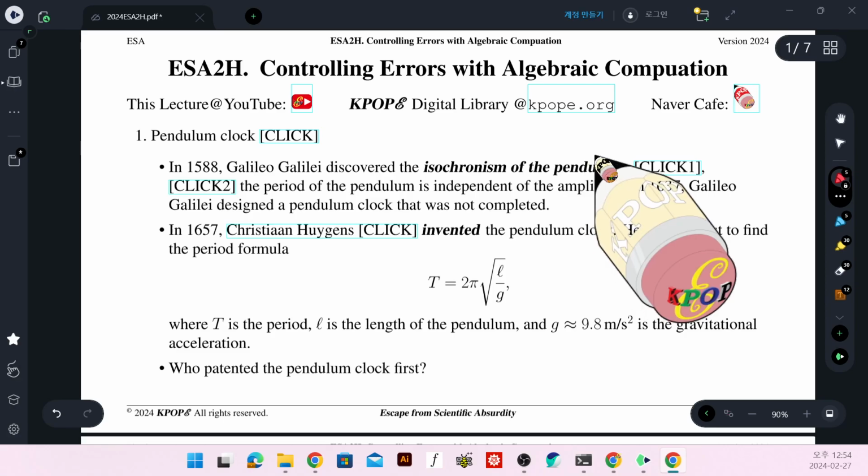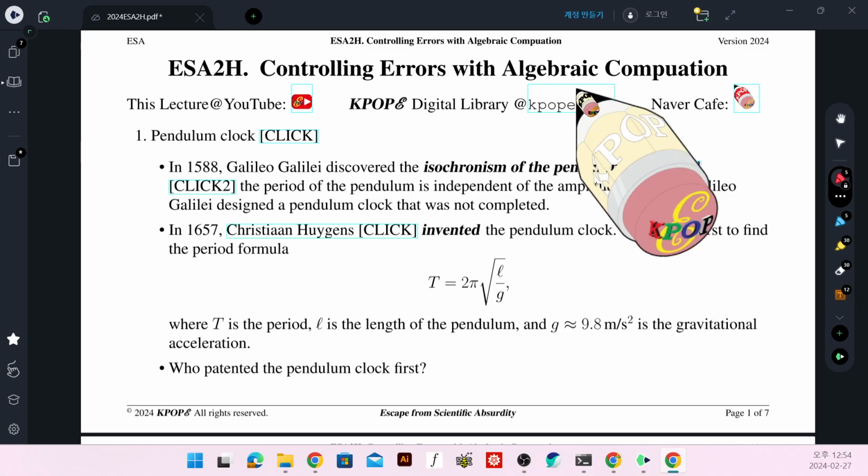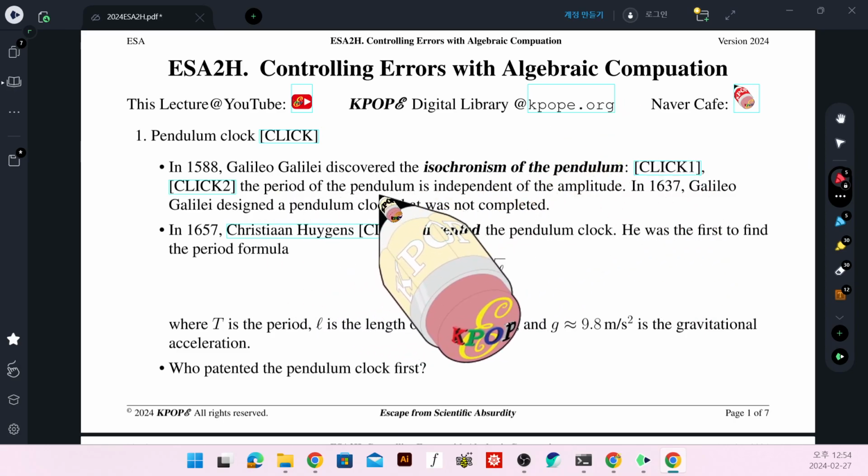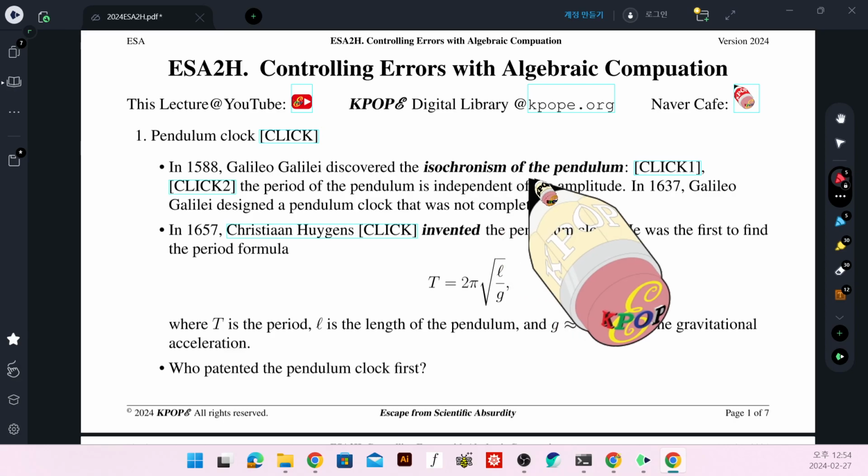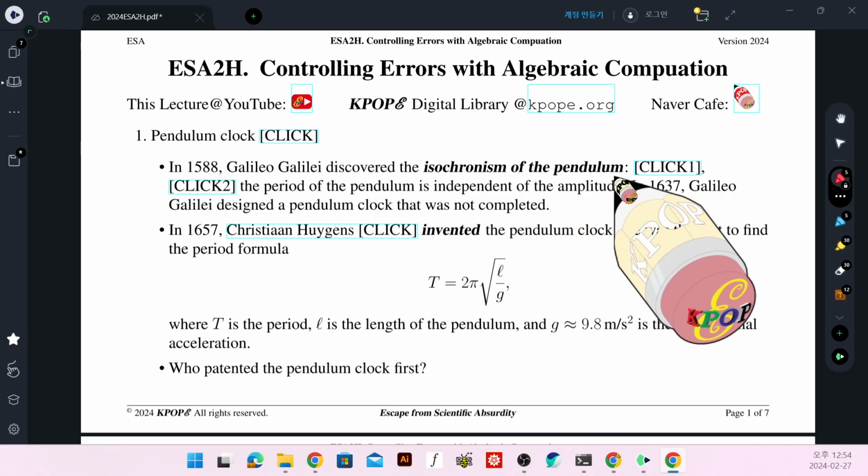Let's see, the pendulum clock. Now we seldom use a pendulum clock, but when I was young, it was very popular. It began with Galileo's experiment, and actually he noticed the isochronism of the pendulum.